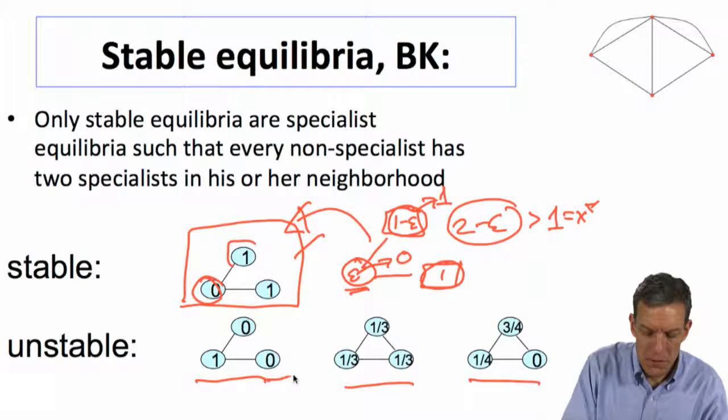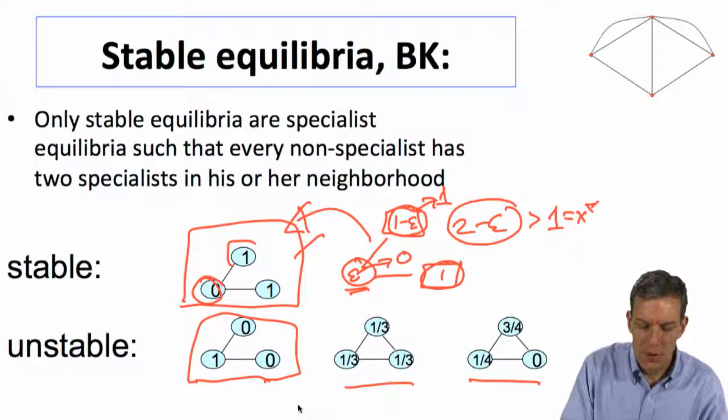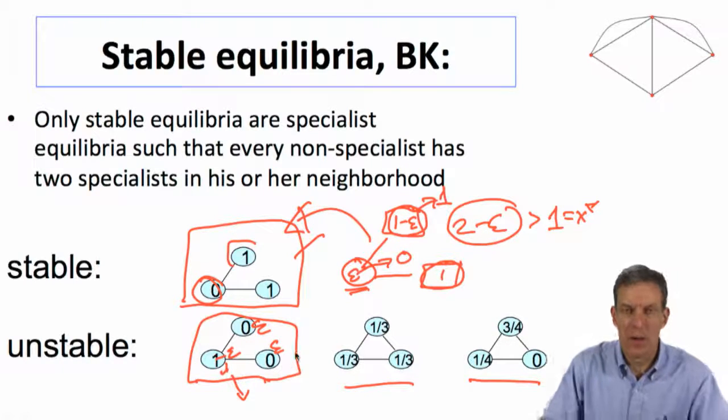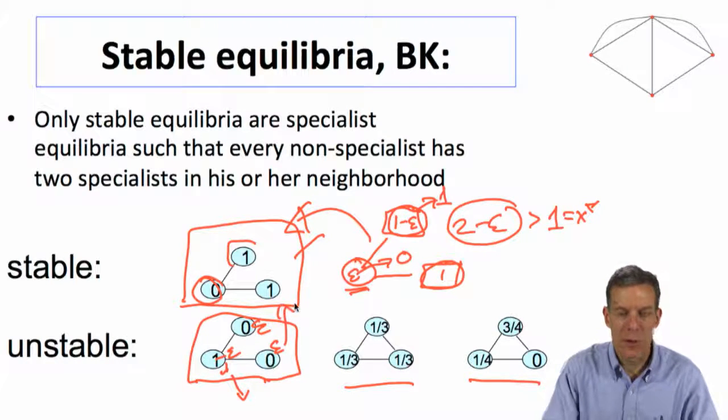Whereas this one is unstable, and it's unstable for the same reason the dyad was, right? We could make this a 1 minus epsilon, and then move this guy to epsilon, this guy to epsilon. Once that happens, well, then these people are happy, but this person's going to want to decrease more, and it would actually move eventually towards this equilibrium.